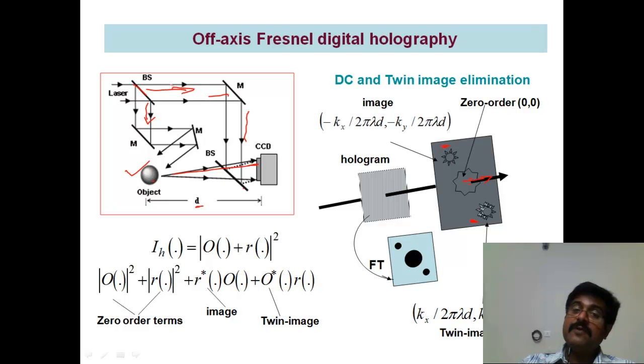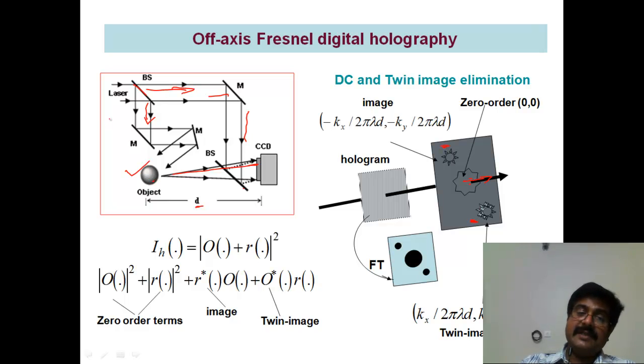But in phase shifting holography, one can completely eliminate them by the phase shifting method. But in that case, you need to use 4 holograms. Phase shifting inline digital holography requires 4 holograms, whereas in off-axis holography, you are recording only 1 hologram with an offset angle between object wave and reference wave, and that will help you to separate the terms.